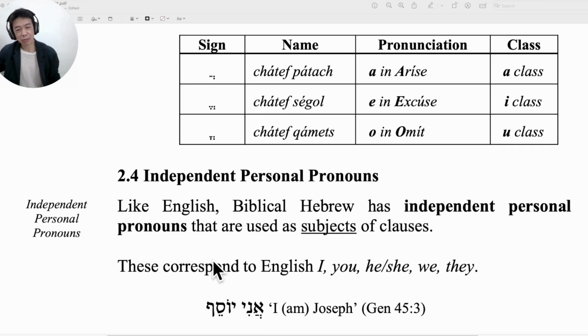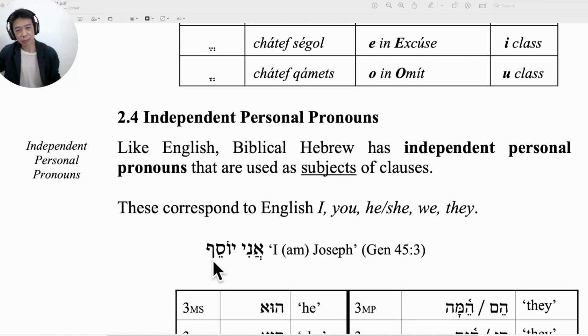So let's take a look at independent personal pronouns. Like in English, Biblical Hebrew has independent personal pronouns that are used as subjects of clauses. This corresponds to English I, you, he, she, we, they.